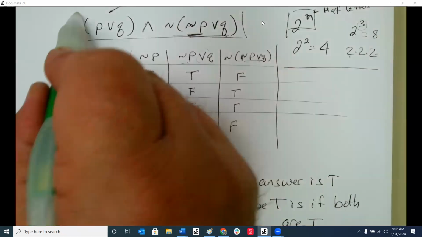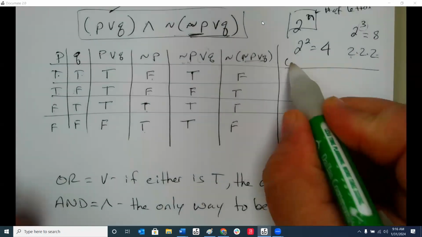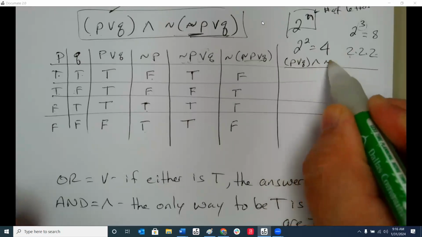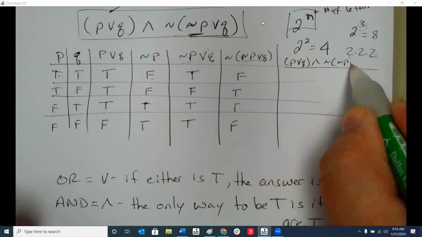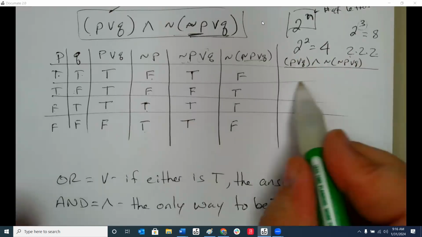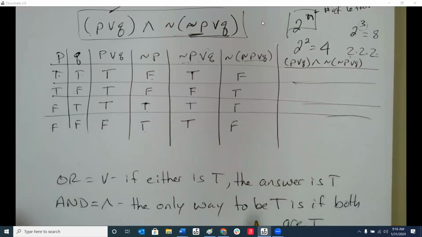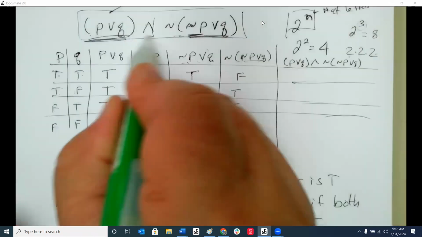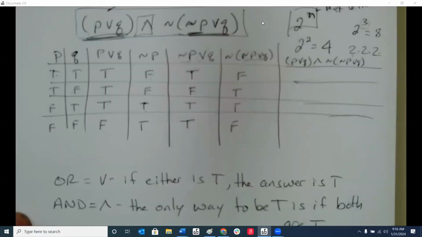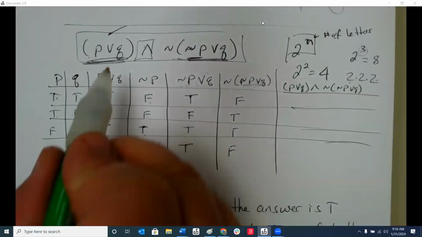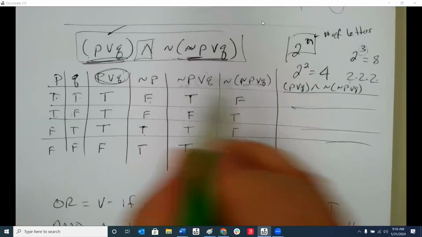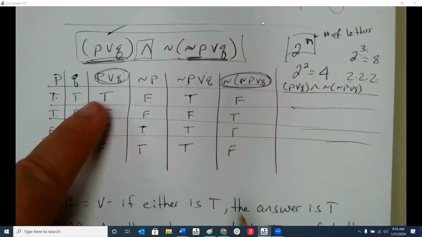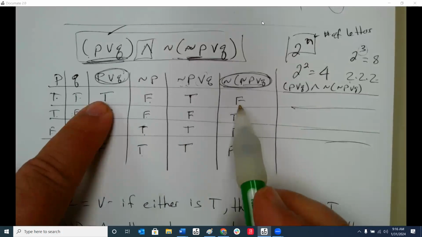Now we do the entire thing: P or Q and not P or Q. Now we're doing both of these with an and statement in the middle. So we look at this column and that column. True and false.